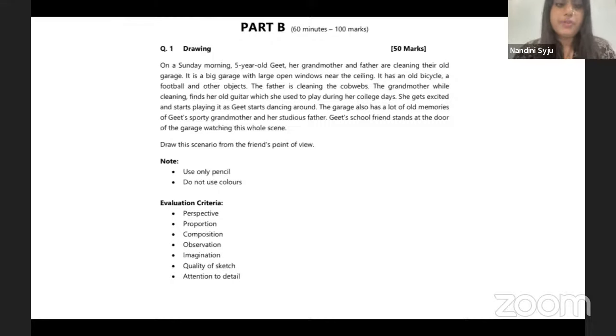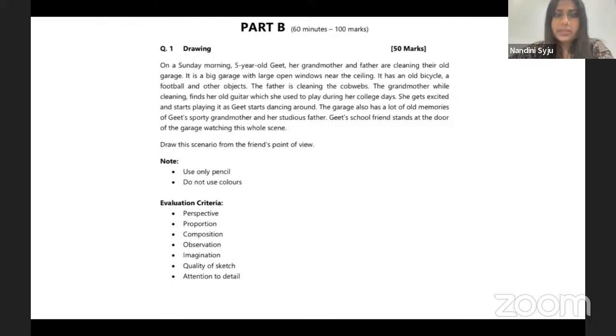So that's what we're trying to do here. We'll add a cupboard to talk about how the dad is or was a bookworm or something like that, right? And yeah, Geet's school friend stands at the door of the garage watching the whole scene.